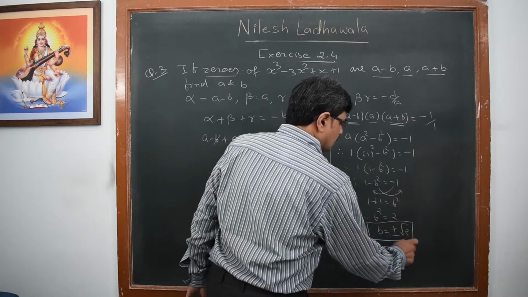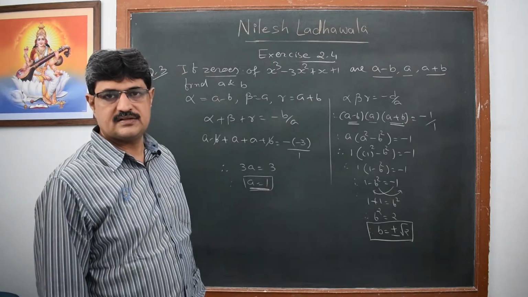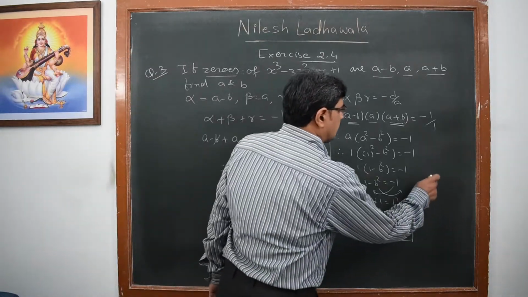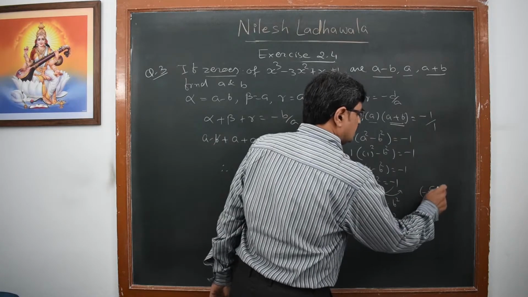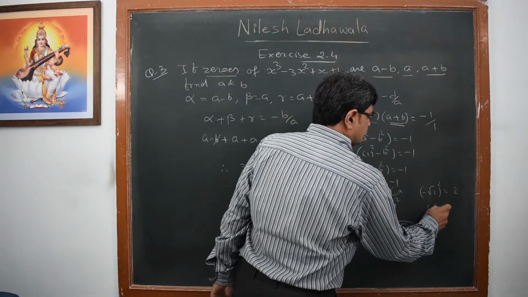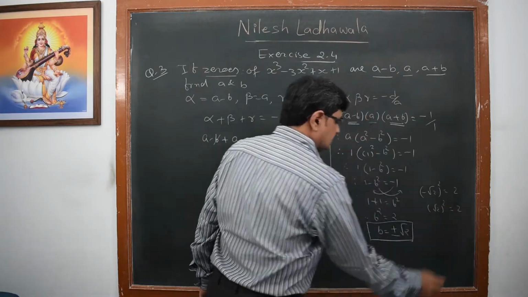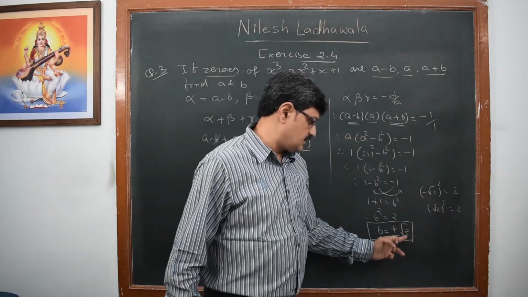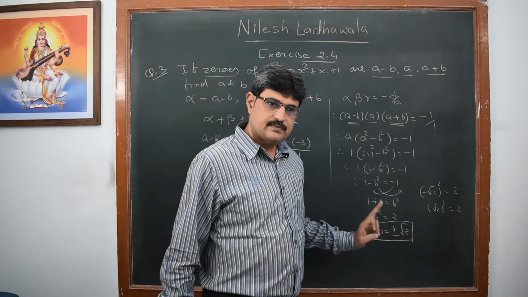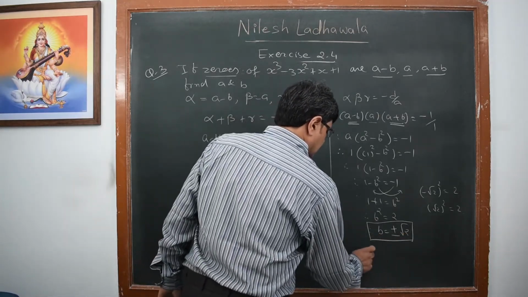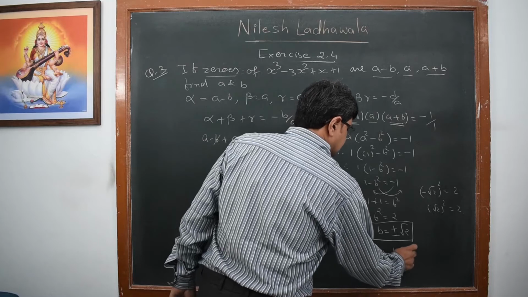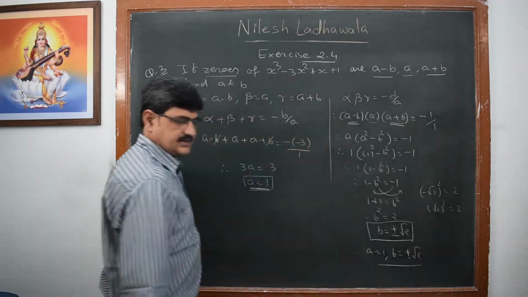Hence we have taken the square root as plus or minus root 2. Hence we have a is equal to 1 and b is equal to plus or minus root 2.